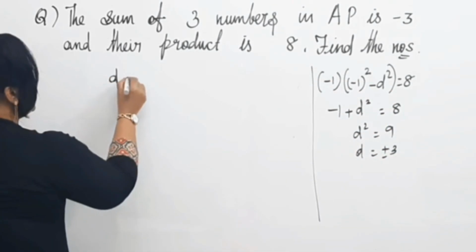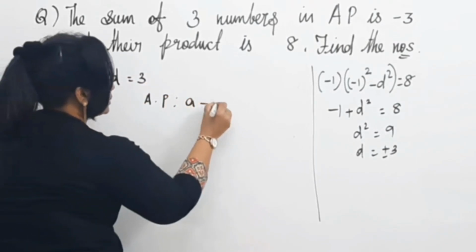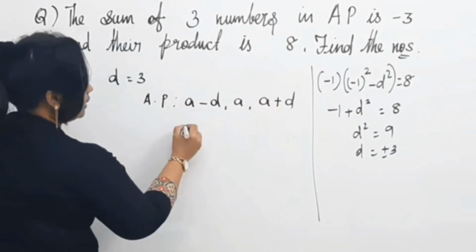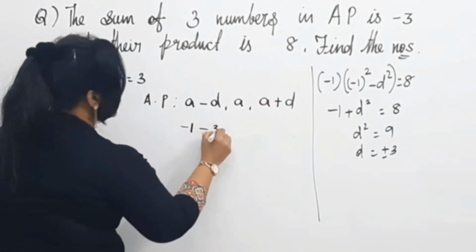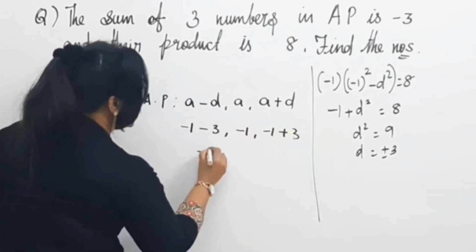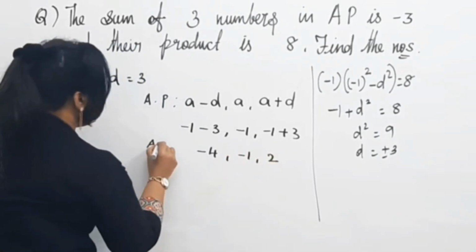If d is equal to plus 3, my AP, which I have taken as a minus d, a, a plus d, becomes minus 1 minus 3, minus 1, minus 1 plus 3. So minus 4, minus 1, and then 2 is my first AP.